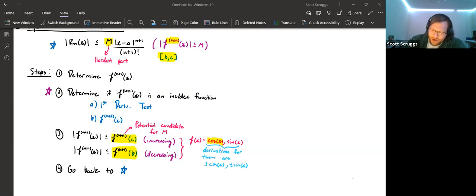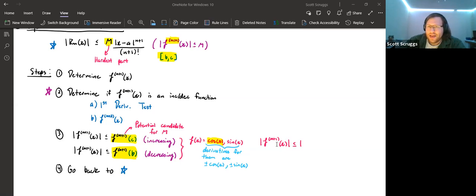Because if my function is either a sine or a cosine, then that n+1 derivative will either be a plus or minus sine or cosine.